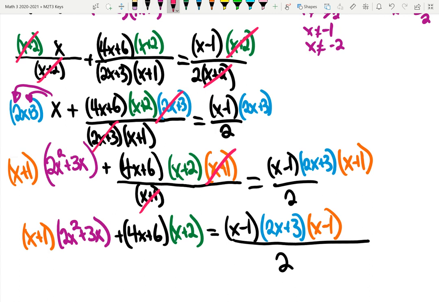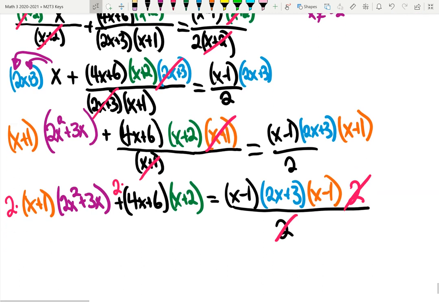I need to multiply all parts by 2. I'm going to multiply this left part by 2, this middle term by 2, and this by 2, and that will cancel. And then this is where I'm going to begin to start simplifying. I'm going to distribute this 2. This is going to be 2x plus 2 times 2x squared plus 3x.